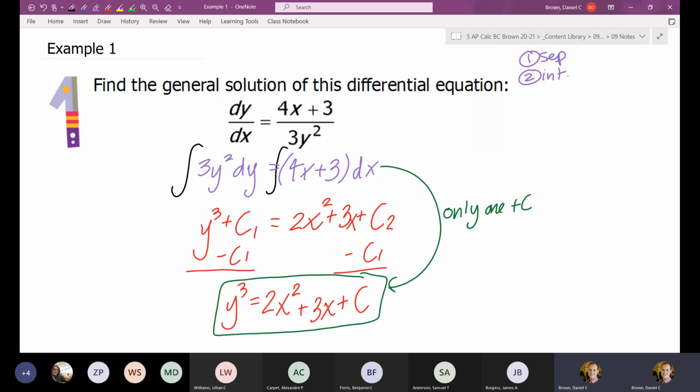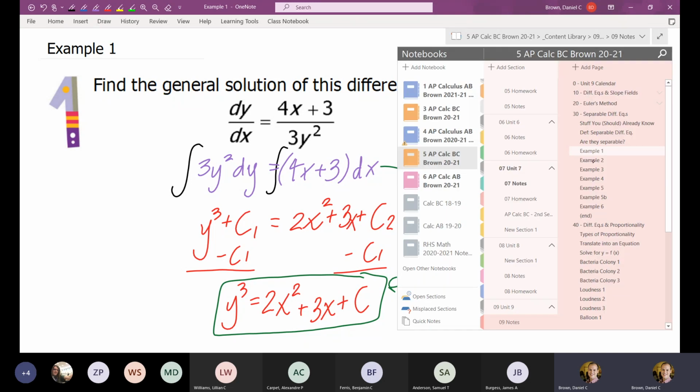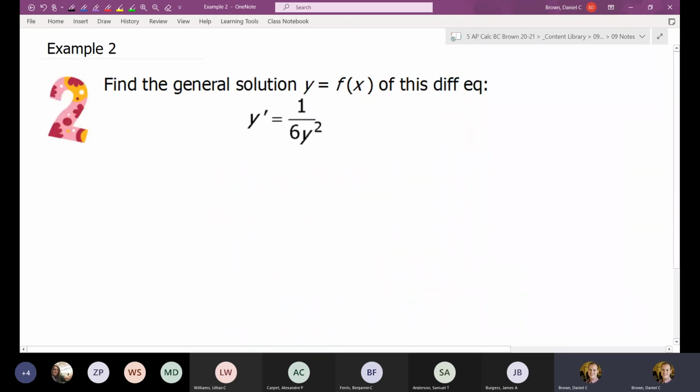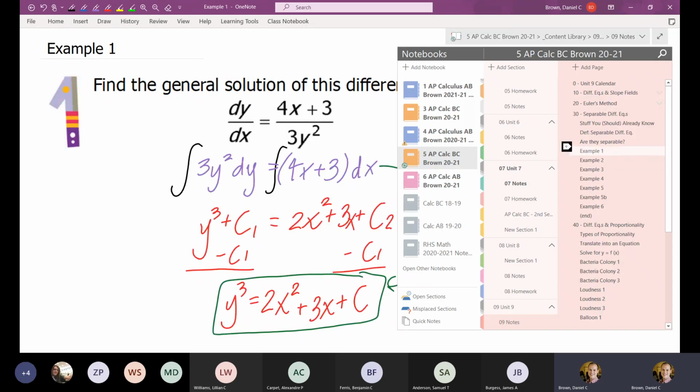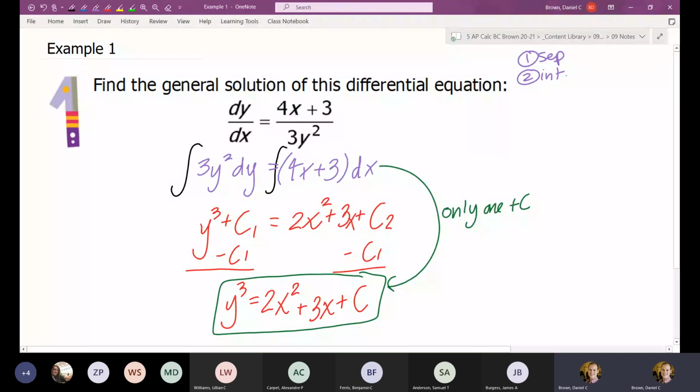All right, let's look at the second question. This one says find the general solution y is equal to f of x of this differential equation. How's that instruction a little bit different from the one that we just did? It's not a big difference. Let's compare. Find the general solution, y is equal to f of x of this differential equation. The one we just did said, find the general solution of this differential equation.